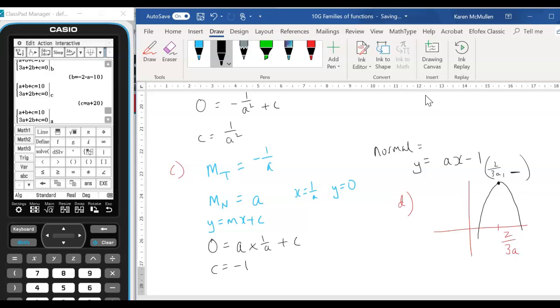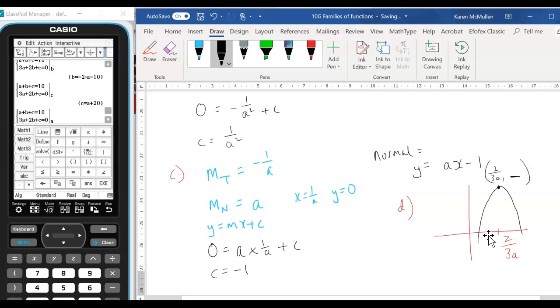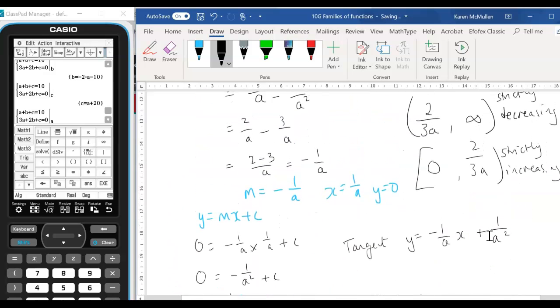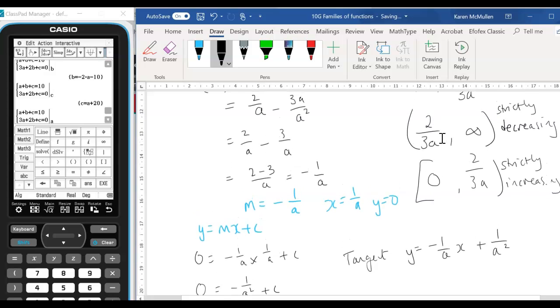Does that make sense? And then your range is, because we're going all the way to infinity, sorry, I know you can't see my cursor, we're strictly decreasing to infinity.